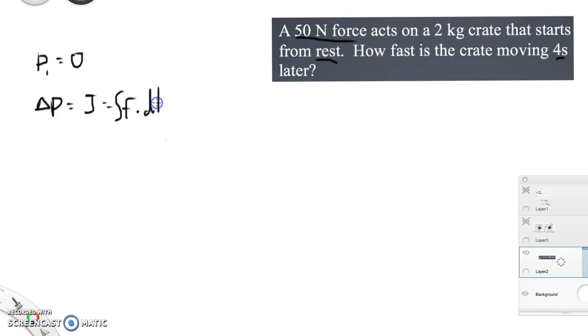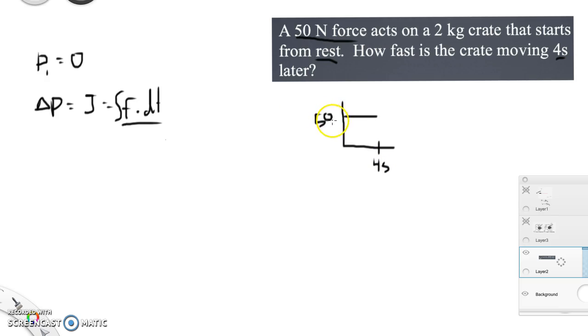Well, we have a force, so I'm going to just graph this because this, remember, is also the area under a graph. So if we have a 50 Newton force, so we'll say 50 newtons, that acts for 4 seconds.